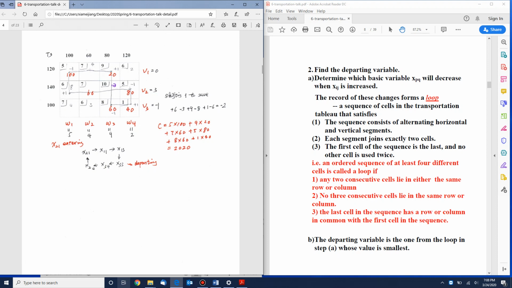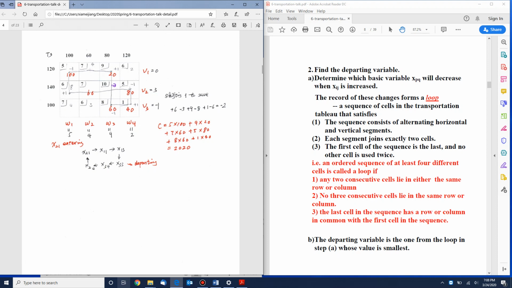So this loop is a little bit complicated, although we have a cross section at the cell 2,3, but there's no change there. I just cross it, right?